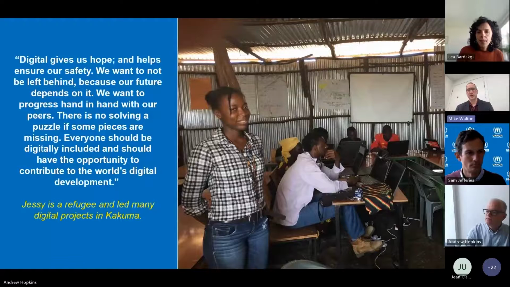This was a group of coders working in Kakuma, developing a range of applications for use in the community, including Android revision apps and other community-based apps. It shows how much you can do when you've got the tools, the inclusion and the connectivity you need to move forward. I always like to start with that, to show the difference that digital can make to everybody's lives, as long as they're included.